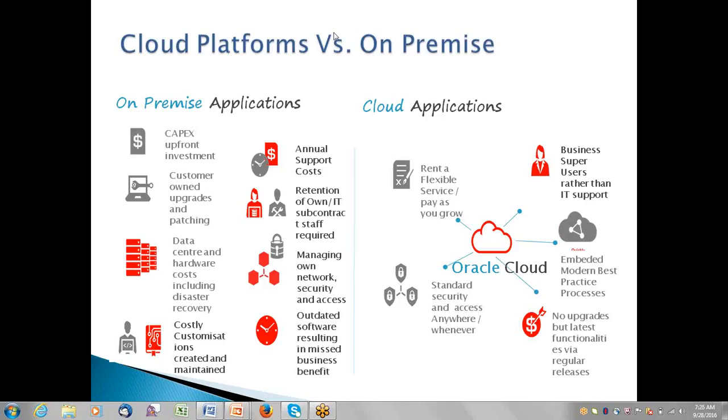Nowadays we have Android phones, Apple iPads, etc. Everything we can access the applications, and the customers will be business super users rather than IT support. And time and again the releases and upgrades will happen which will embed modern best practice processes, and no upgrades but latest functionalities via regular releases.